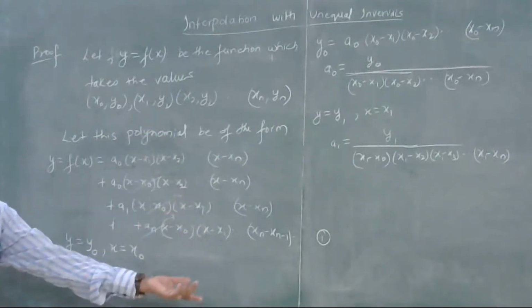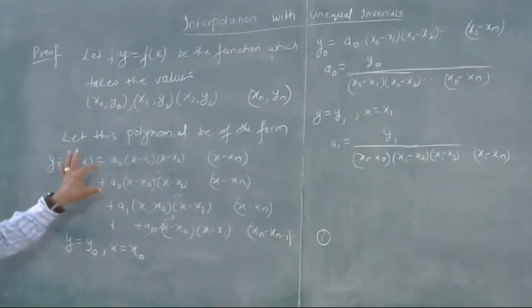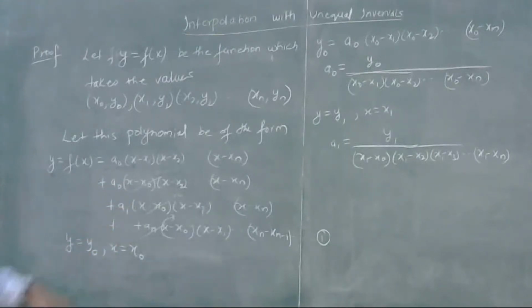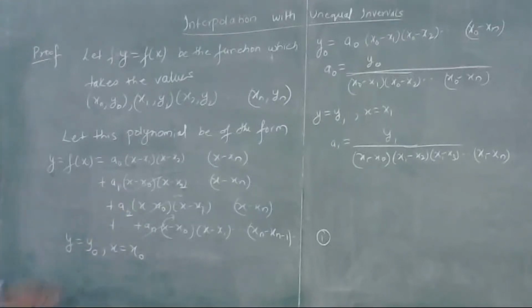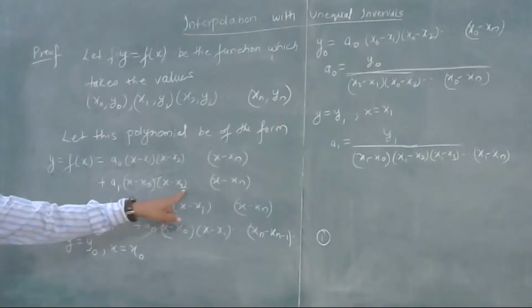The whole term will become 0. Okay. So only we get here this term, which will be a1. So x1 minus x0, x1 minus x2.